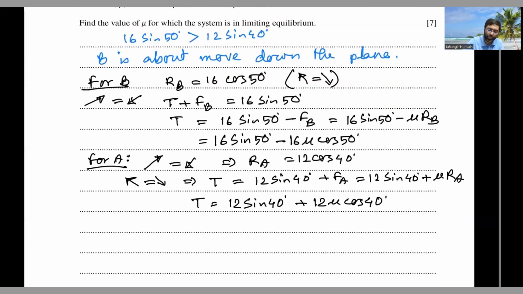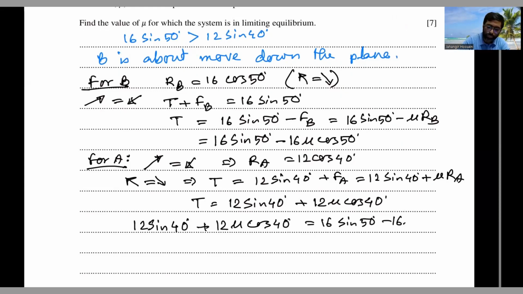Now, both tensions are equal because the string is light and the pulley is smooth. So we get 12 sin 40 plus 12 mu cos 40 equal to 16 sin 50 minus 16 mu cos 50.